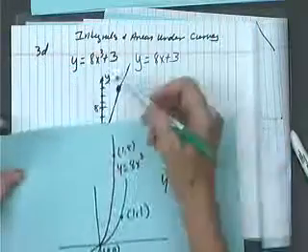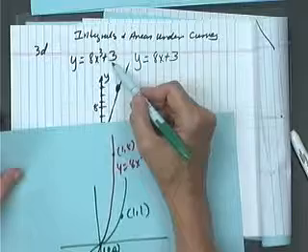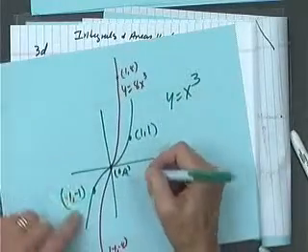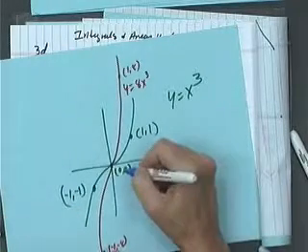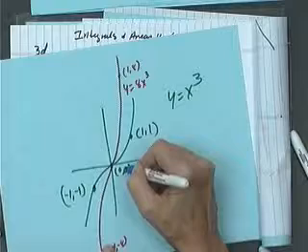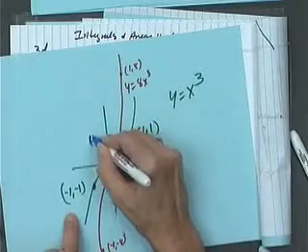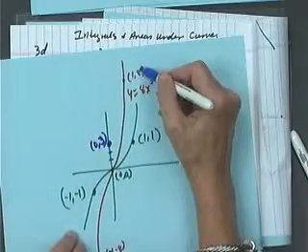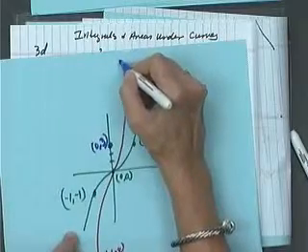And the next quick transformation is, what are we going to do? We're going to shift everything up 3. So now, let's do that in blue. If we add 3 to the 0, we now have 0, 3. We add 3 to the 8, and we now have 1, 11.